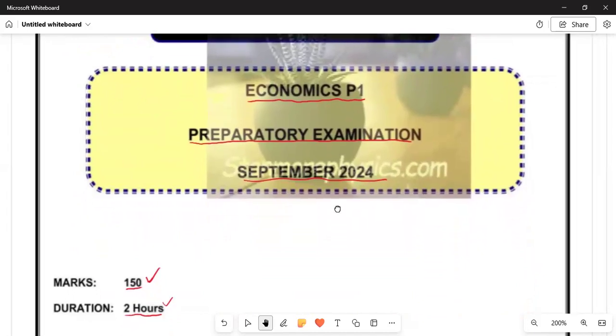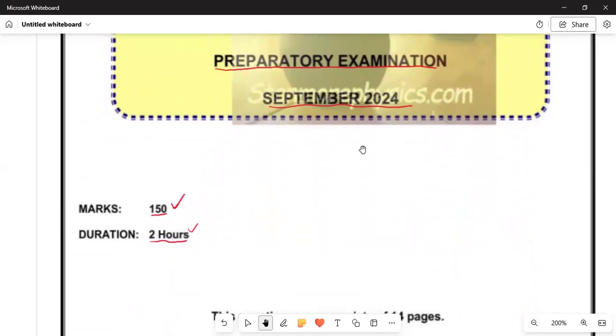It is the Economics Paper 1 Preparatory Examination, September 2024. The marks allocated are 50 marks, that is the total marks of this paper. You are to take 2 hours.